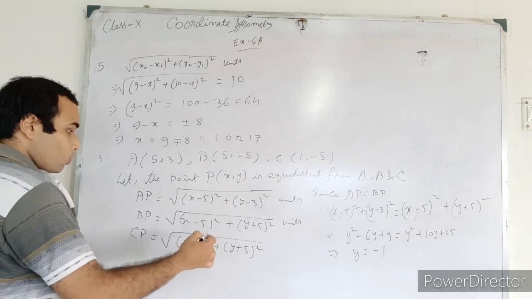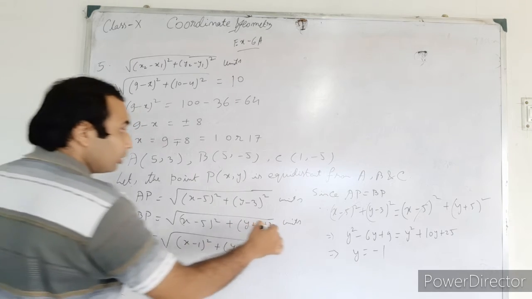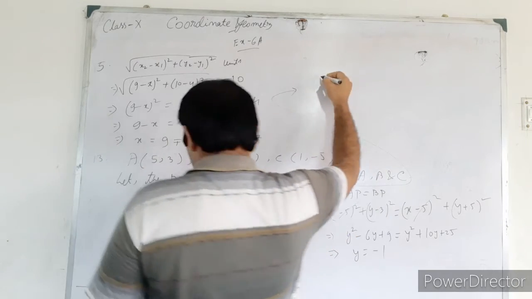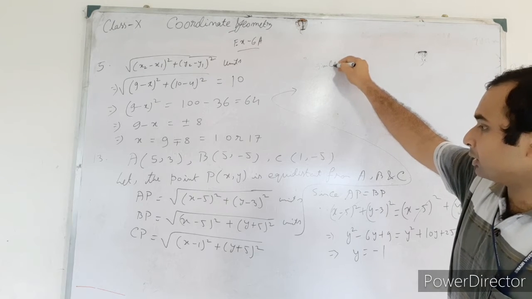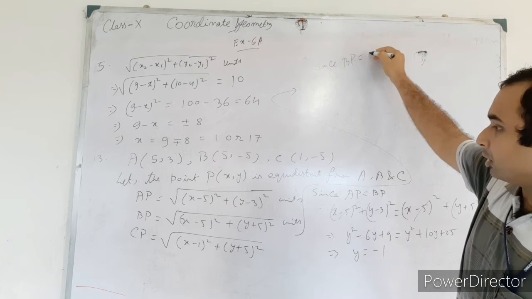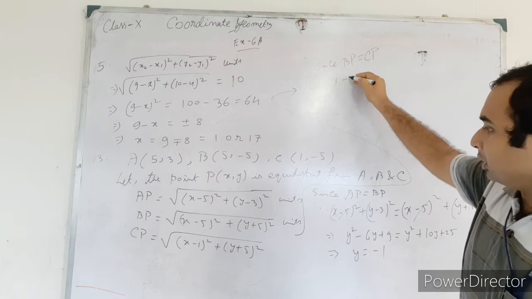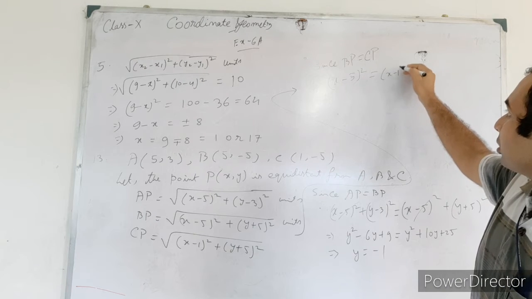Since BP equals CP, I am doing directly (x minus 5) whole square equals (x minus 1) whole square.